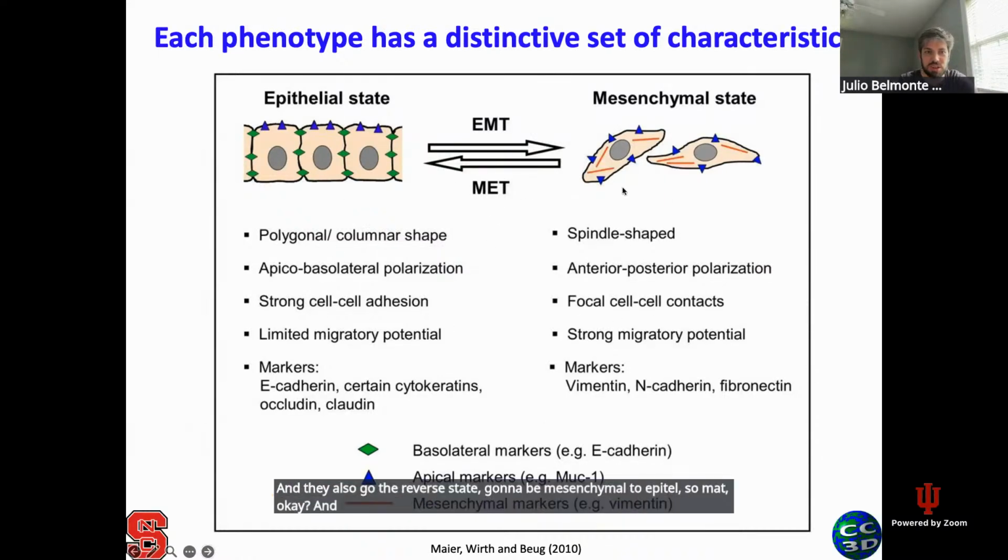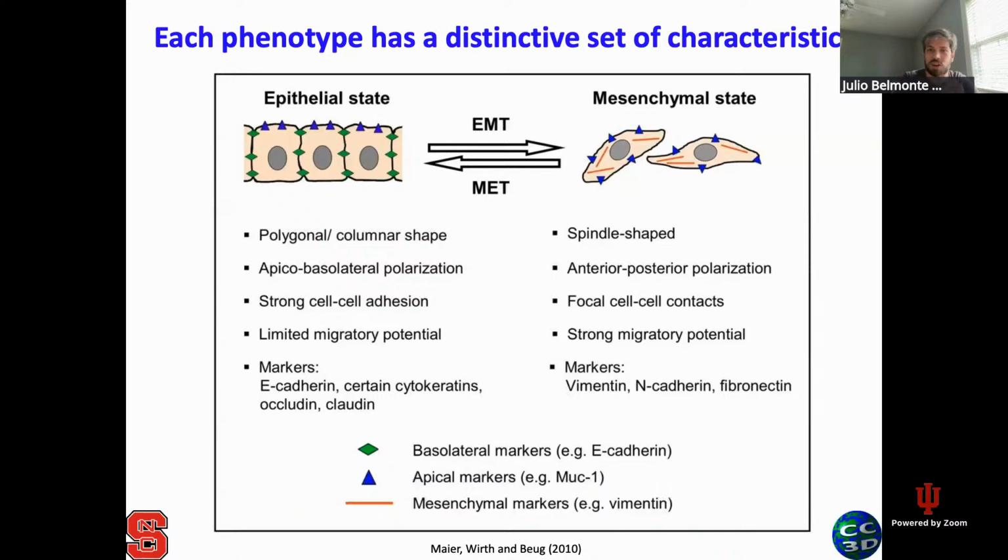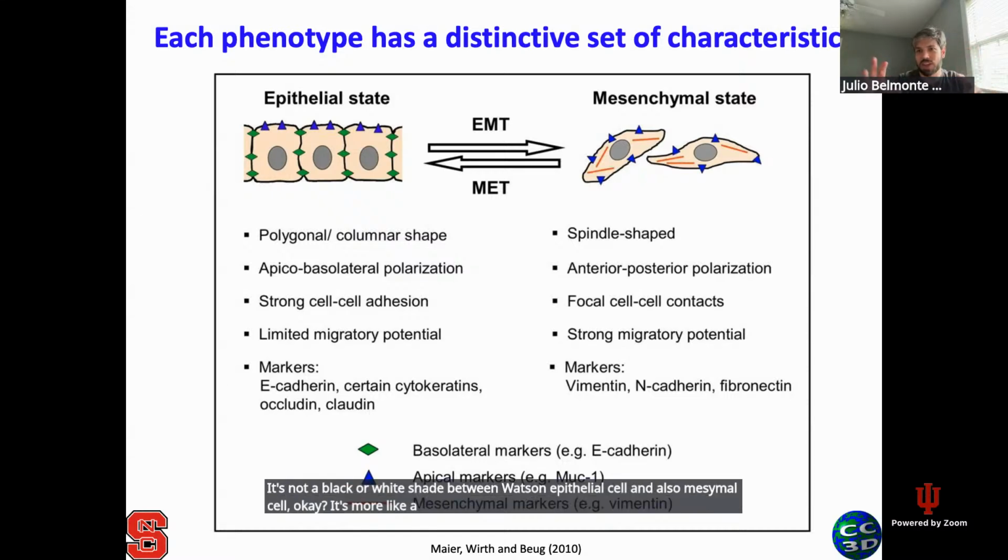And this is just a list of what the cell structures usually look like. But one important thing to say is that it's not black or white between what's an epithelial cell and what's a mesenchymal cell. It's more like a gradient. The cell can acquire more properties that make it more epithelial, or more properties that make it more mesenchymal.